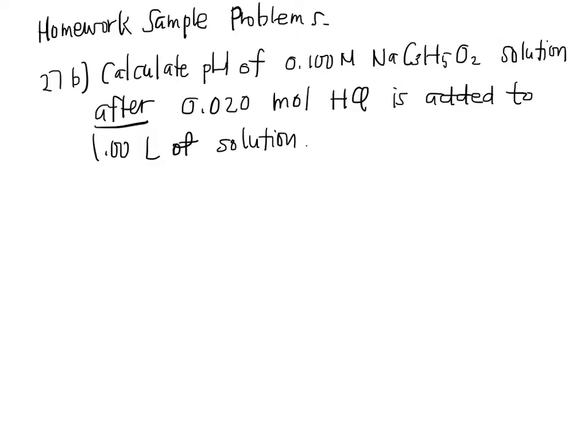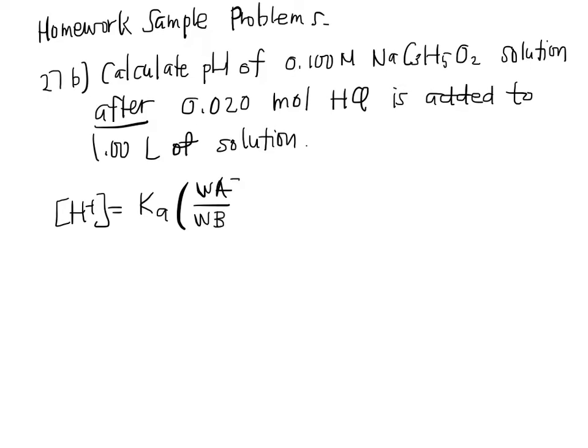So again, I'm going to start off with my buffer formula, which is H plus equals the Ka, and the Ka was given to you, times the ratio of the weak acid over the weak base.